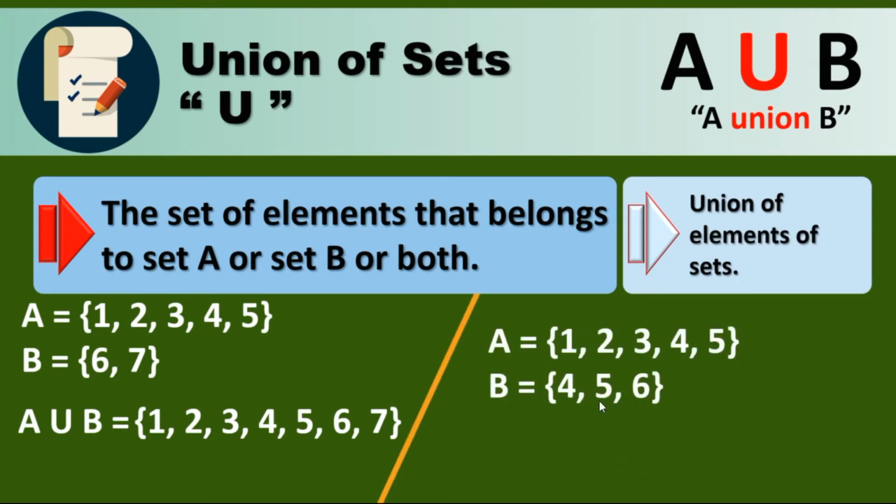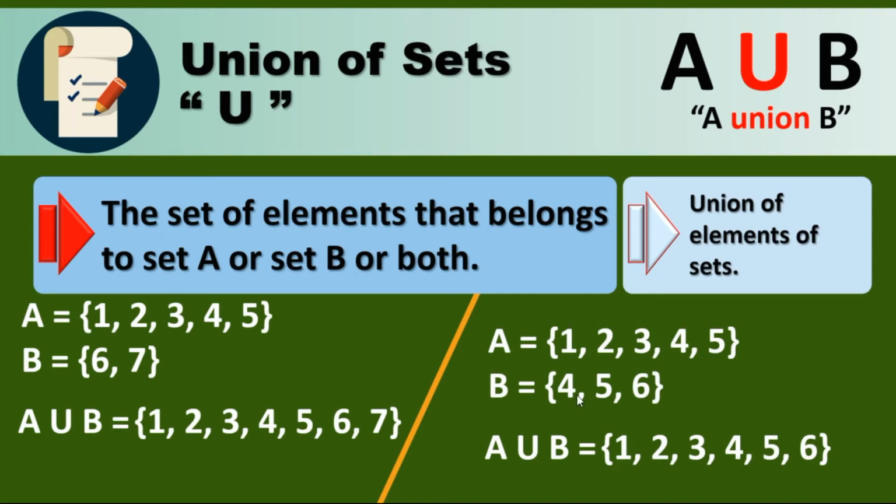How about if A is equal to the set that contains 1, 2, 3, 4, and 5, and B is the set that contains the elements 4, 5, and 6. Take note, again, A union B is simply the union of elements of set A and B. So A union B is equal to 1, 2, 3, 4, and 5.